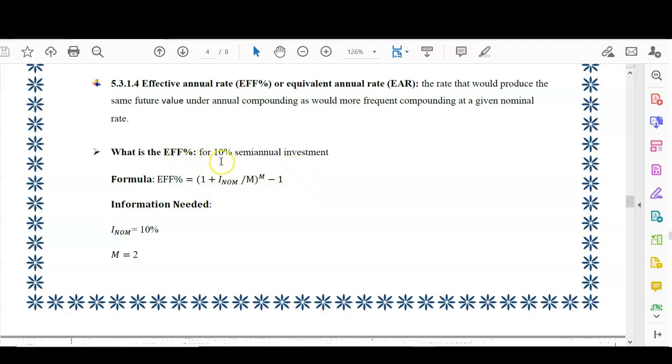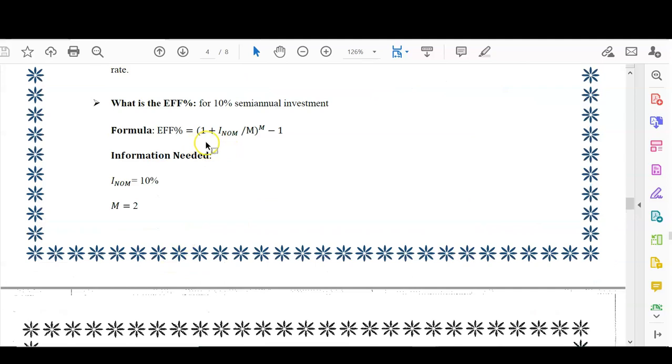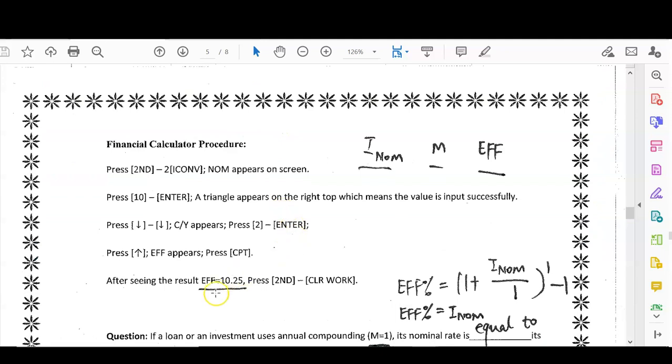In this example, we have nominal rate as 10% and m as 2. So we just need to use 1 plus 10% divided by 2 to the power of 2 minus 1. So we can get the effective annual rate, which should be 10.25.